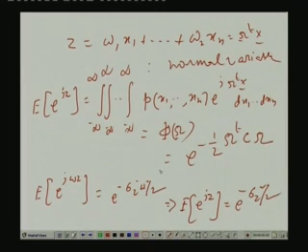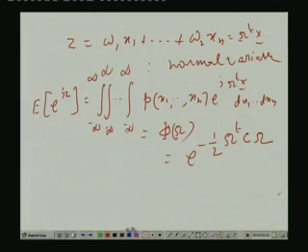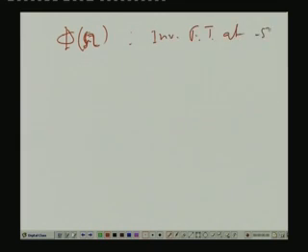Finally, you just take the inverse Fourier transform of phi omega at minus omega, and that will give you the probability density of this x vector, that is x1, x2 up to xn.